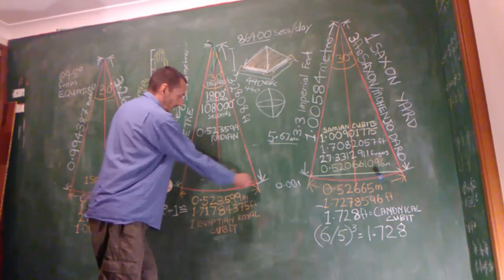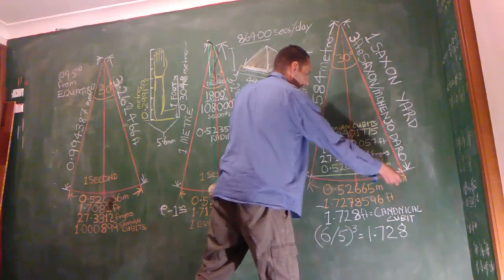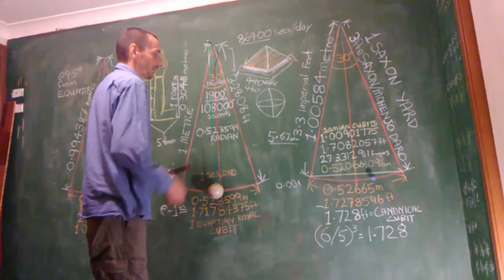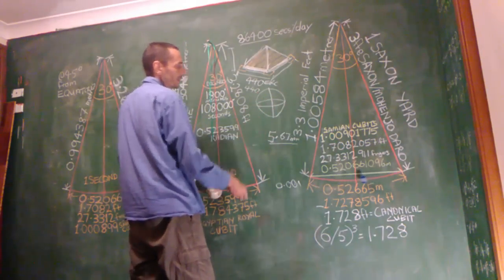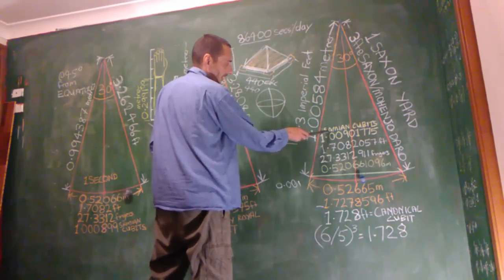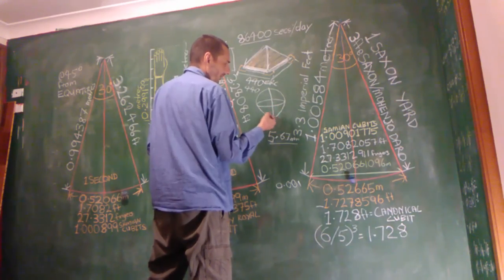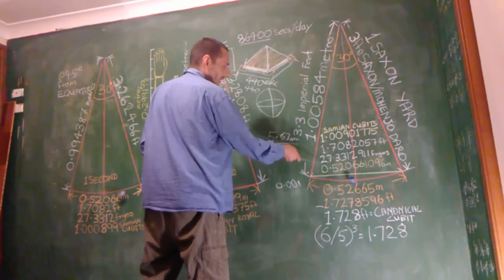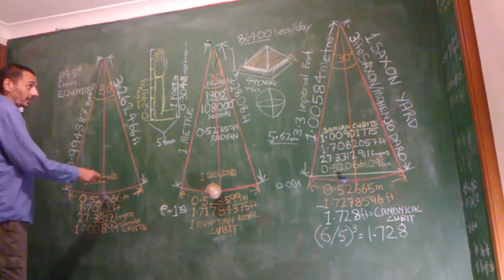So now we've turned a curve into a straight line, and now we can create a very, very accurate ruler from that. But as it stands now at 3.3 feet, it is again within 1,000th or even more of a millimeter the exact distance which forms this arc here.